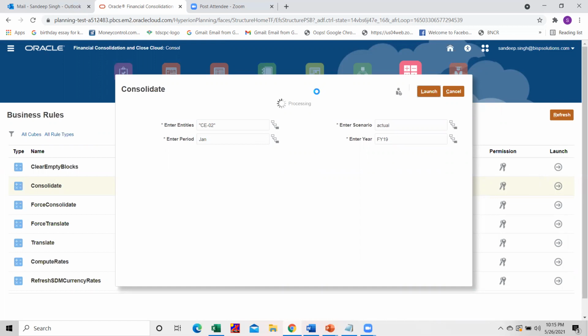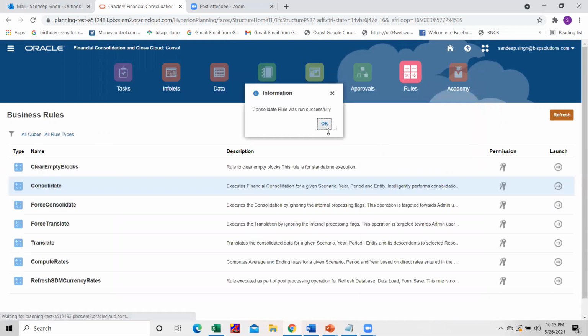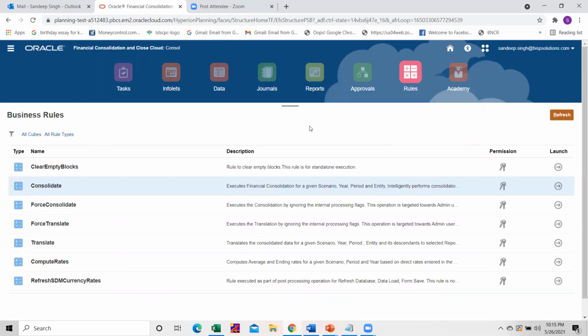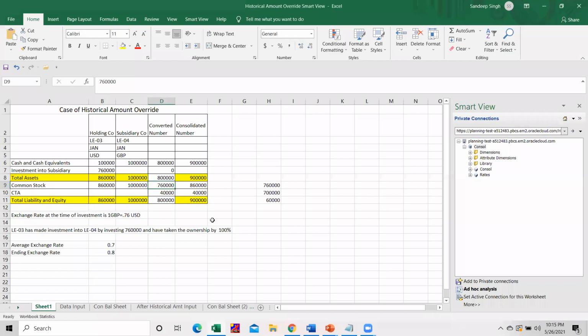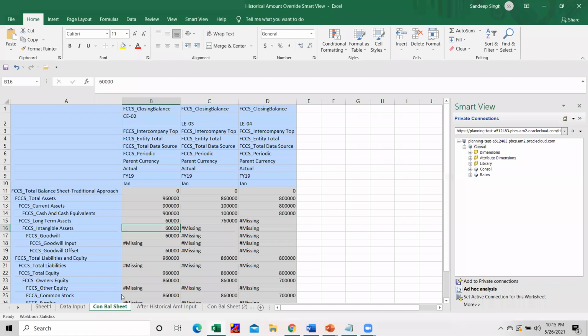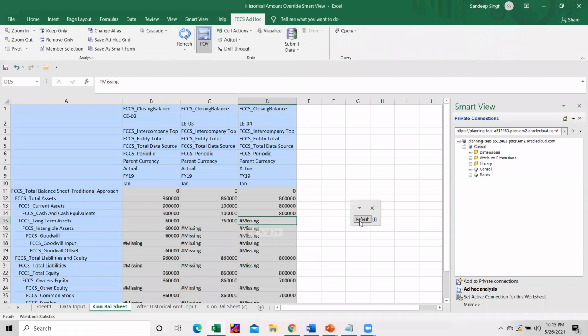Let's see, after inputting the historical rate or historical amount, what outcome we are getting in the consolidated results. So let's refresh the sheet. You can see that the goodwill number is totally eliminated after we define the historical rate.